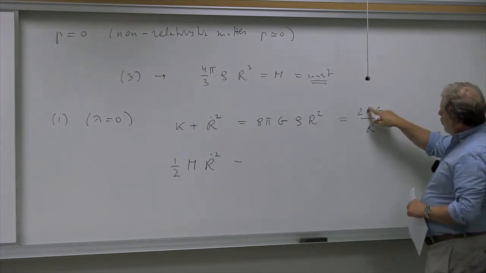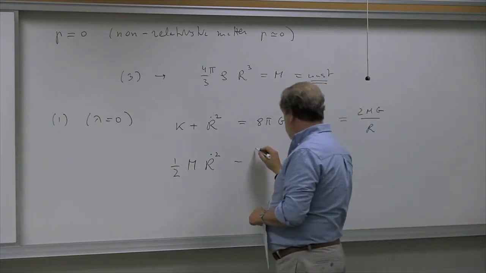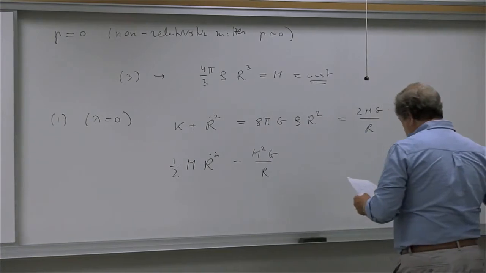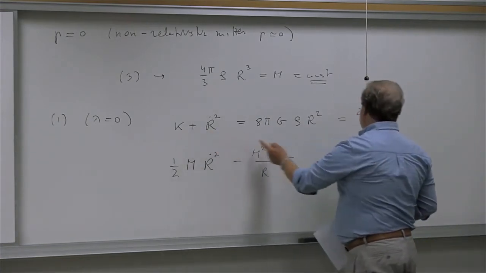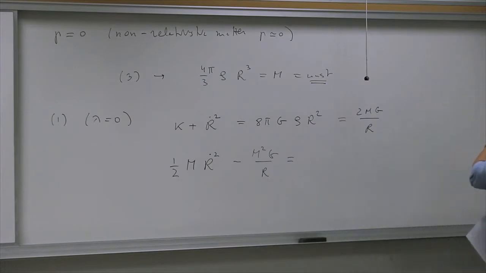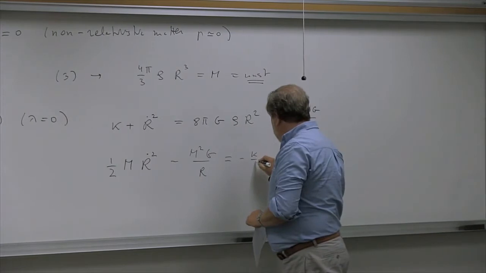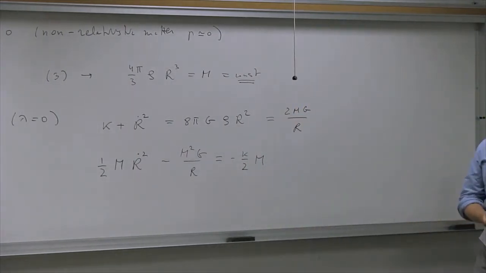So we multiply by m, so we get m squared times G divided by 2. So it's just minus m squared times G divided by r, right? And this is equal to all the constant terms, right? So the constant term, we're going to bring that constant term over on this side and multiply it by m. So it's minus k over 2 times m, right? So we get this equation.